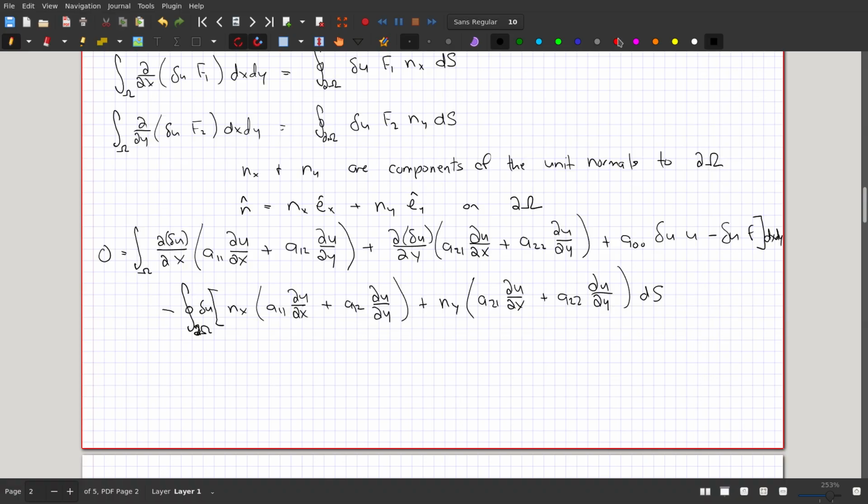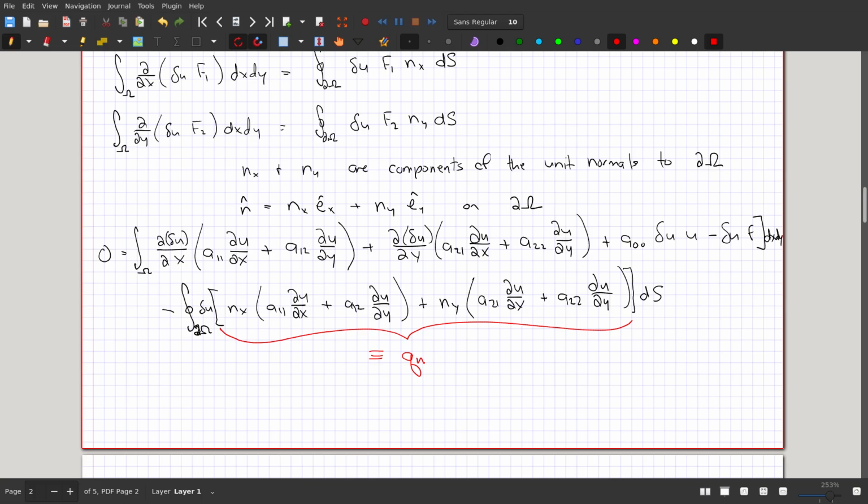What we're going to do is define this thing to be Qn. So this is a flux coming into the boundary, and so this is our natural boundary condition.